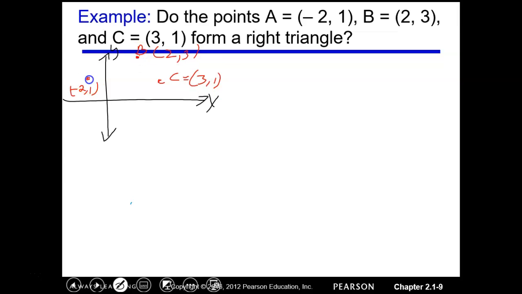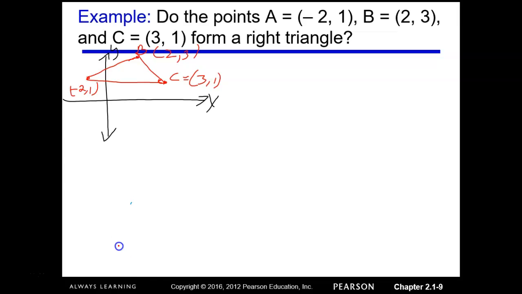With these points, we're going to find the length of the sides of this triangle first, then decide which side is longest, and then use the Pythagorean theorem to see if they respect it. If they do, then it will be a right triangle.